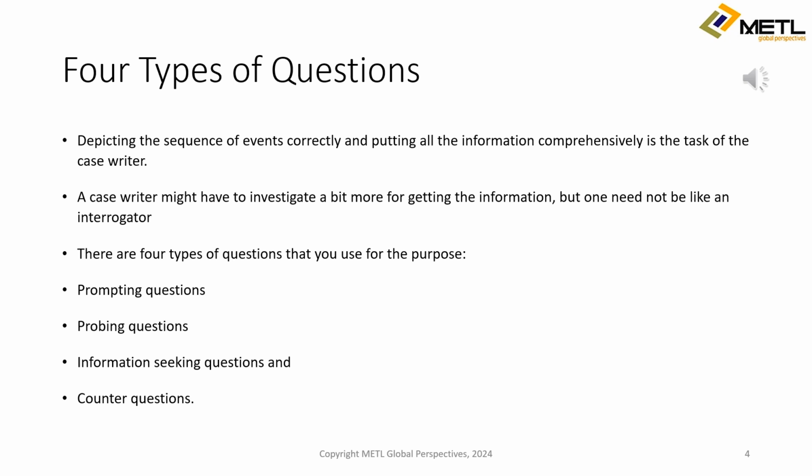There are four types of questions that you use for the purpose: prompting questions, probing questions, insight-seeking questions, and counter questions. Mind you, since the protagonist has already given you the information you have been seeking, at this stage the questions need not be the very fundamental ones. You should have done your studies properly before you reach out for more questions at this stage.